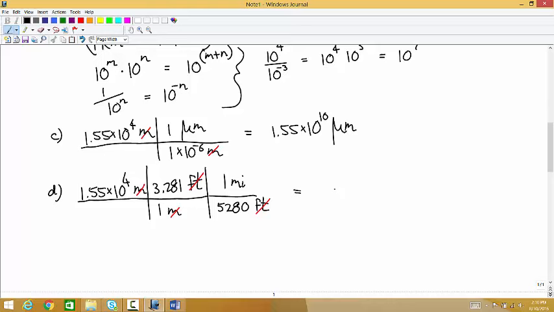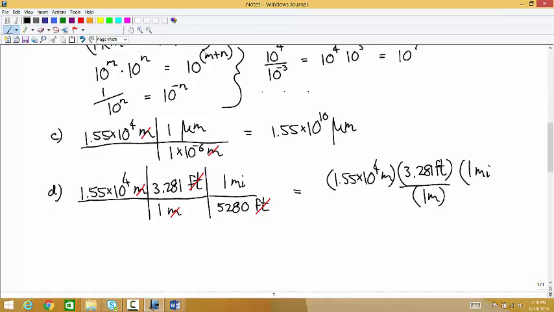So that's just a slightly faster way of writing 1.55 times 10 to the 4th meters times 3.281 feet over 1 meter times 1 mile over 5280 feet.